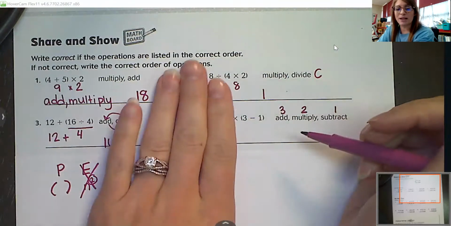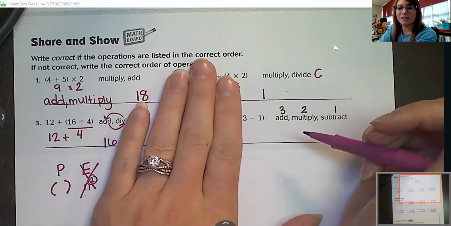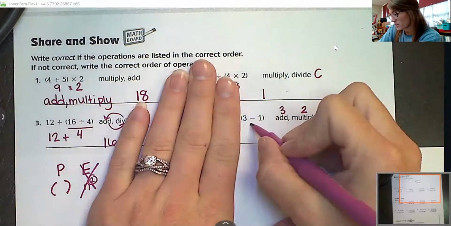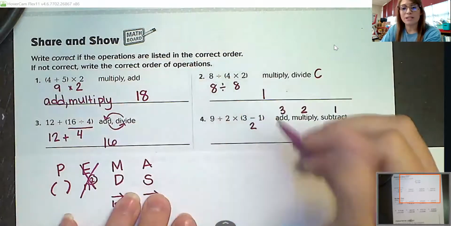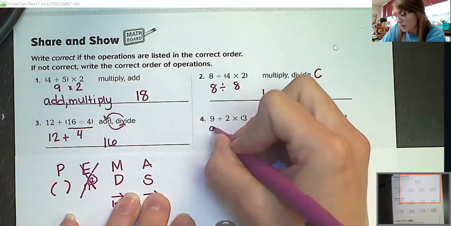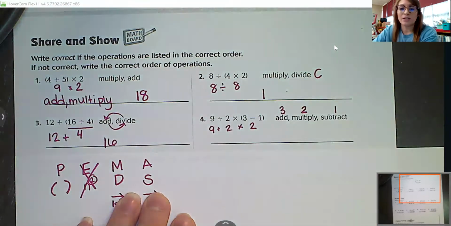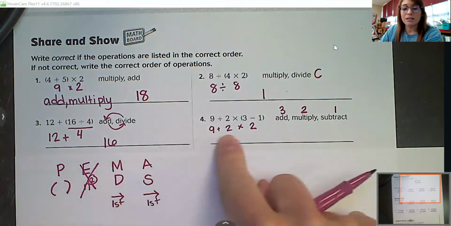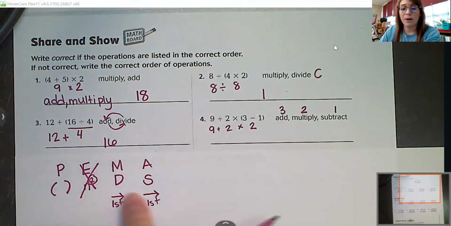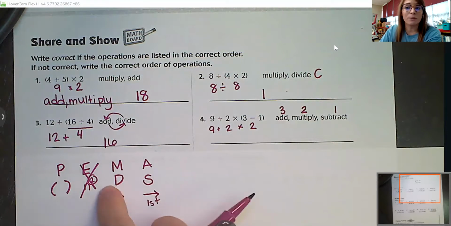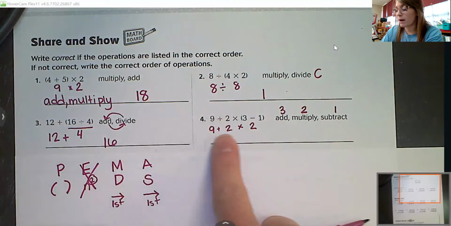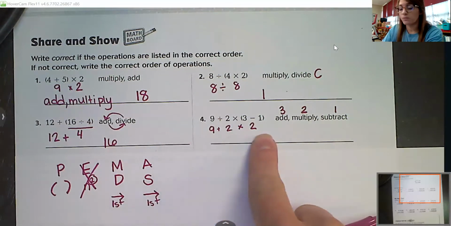All right, so let's go ahead and get this solved. So let's start with our parentheses. 3 minus 1 is 2. Awesome. And then I'm going to copy the rest of my problem down. 9 plus 2 times 2. Okay, so now I've got 9 plus 2 times 2. I know that according to my order of operations, I'm going to have to multiply next. So when I'm going from left to right, my multiplication problem reads 2 times 2.